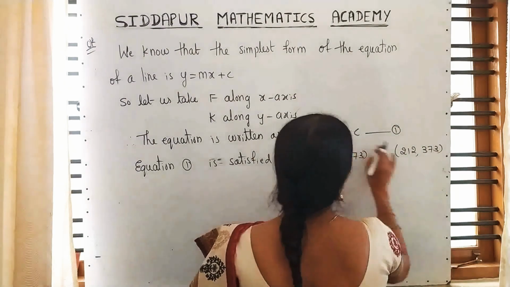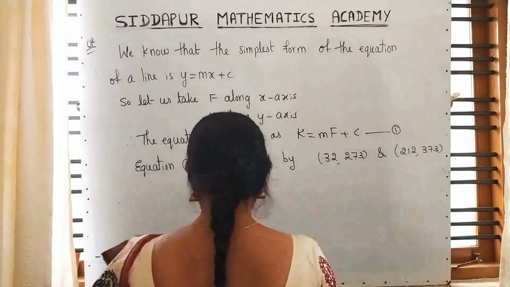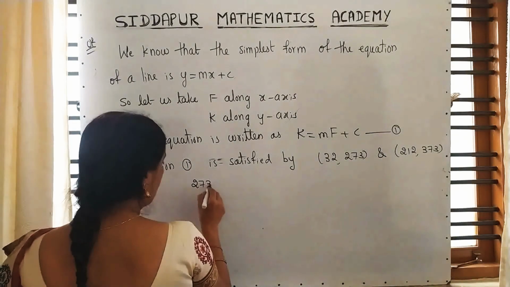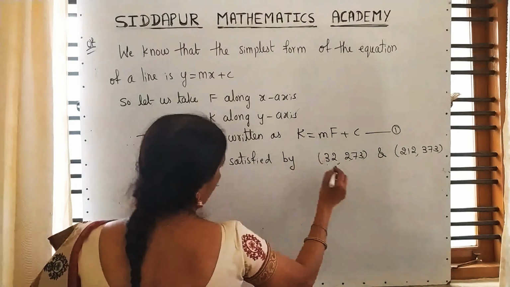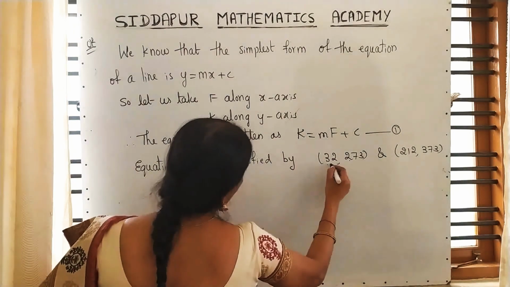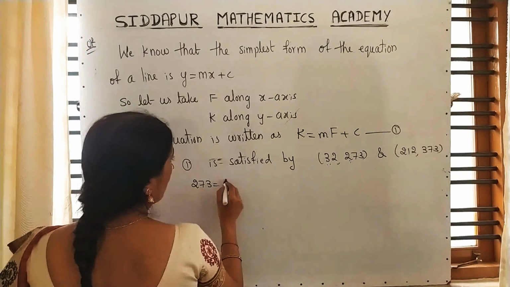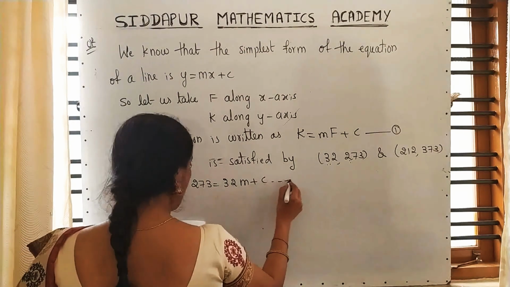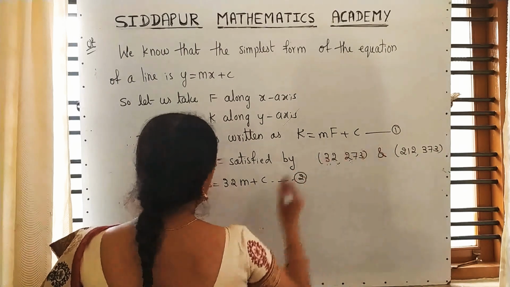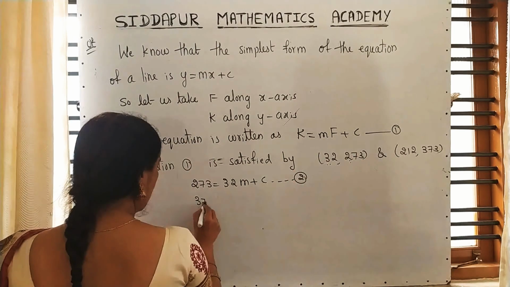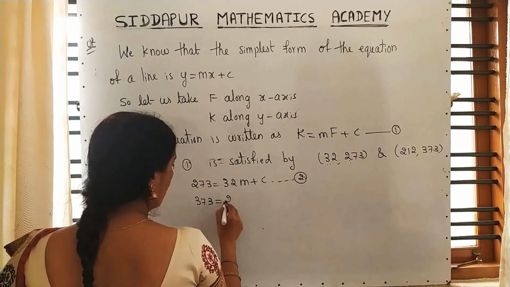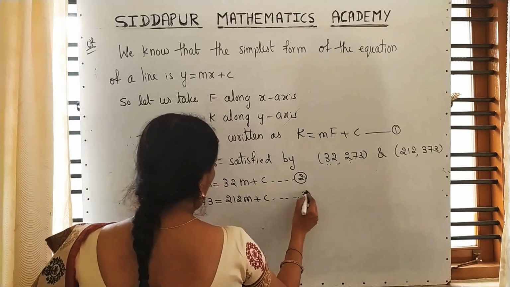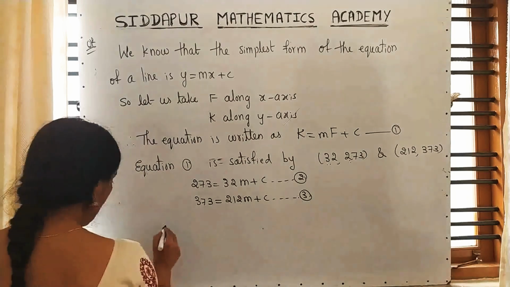Write down these values in equation 1 simultaneously. When you write the first one, 273, this is x and this is y. That means this is F, this is K, so 273 is equal to 32 into m plus c, equation 2. And write the next: 373 is equal to 212 into m plus c. Solve these simultaneous equations.